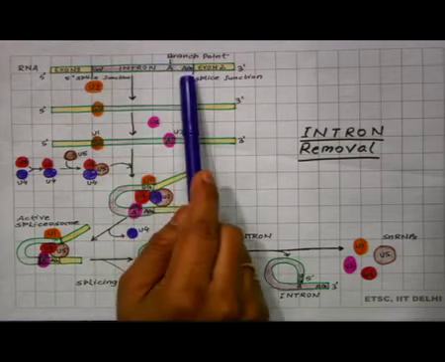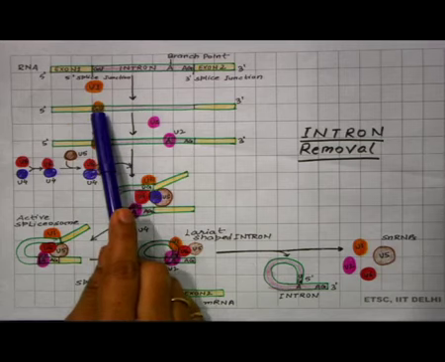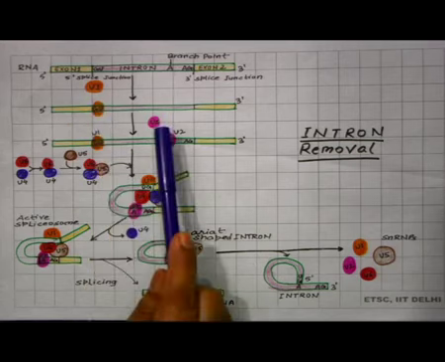First of all, the U1 small nuclear RNP will bind over the GU sequence at the 5 prime end. After the binding of U1, the U2 will bind over the branch point. It will not bind at the 3 prime end, it will bind over the branch point.